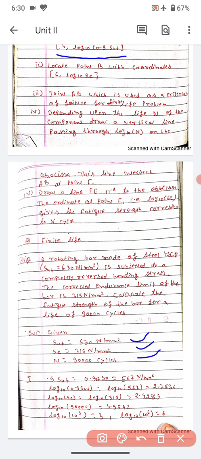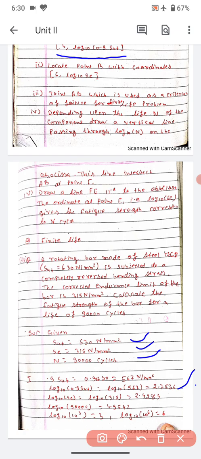Take the log of 0.9 SUT and you get 2.7536. The log is for base 10, not base E. This value corresponds to 10 power 3 cycle, and log of 10 power 3 is a simple integer 3. We discussed this in the last lecture also.